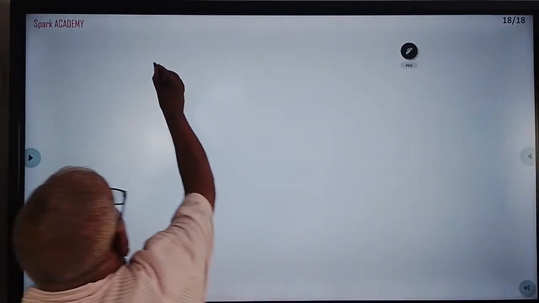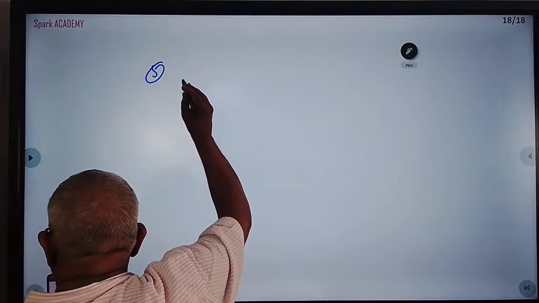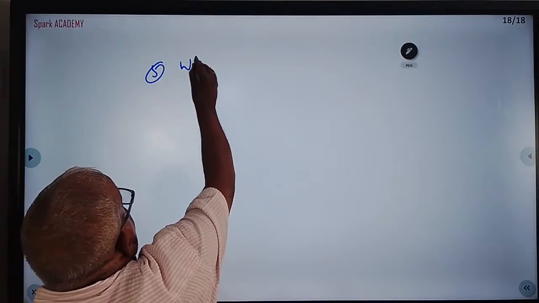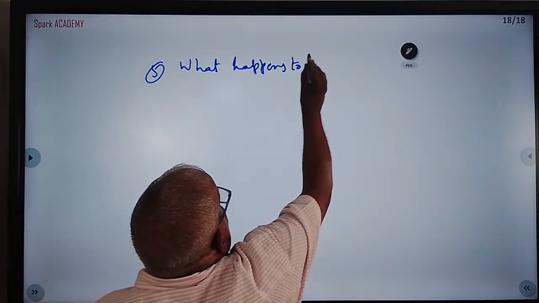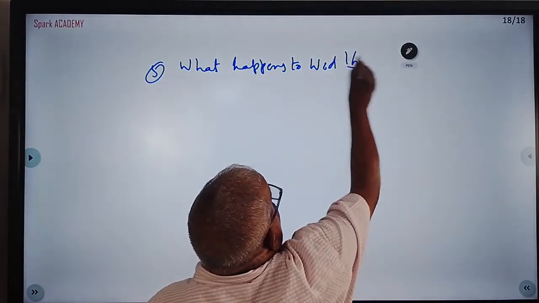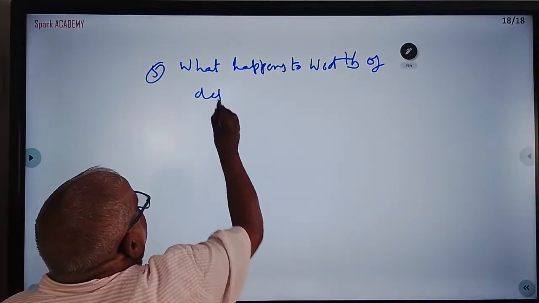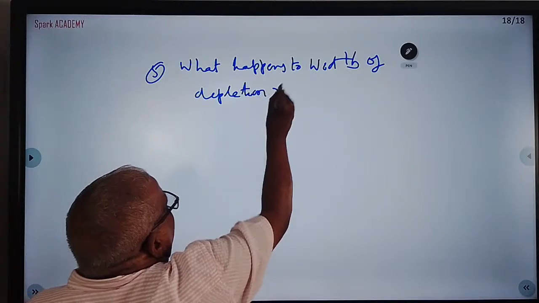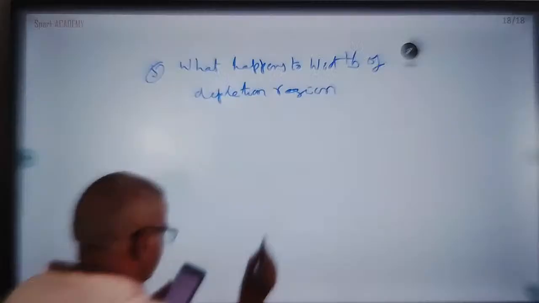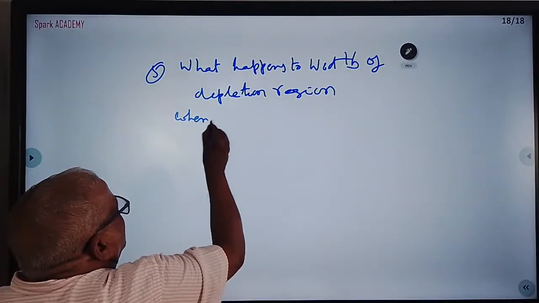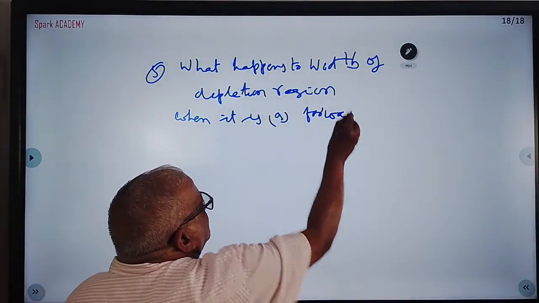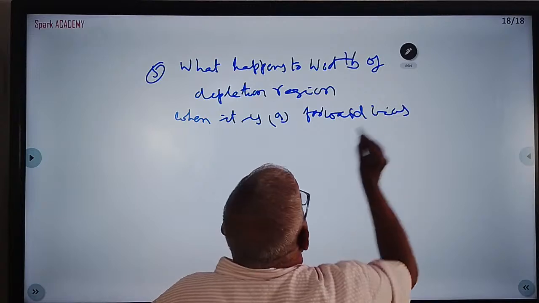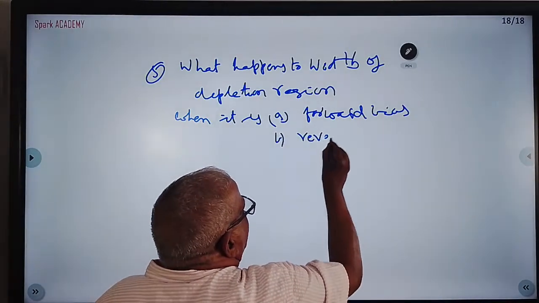Students, last question: what happens to the width of the depletion region when it is A, forward bias, or B, reverse bias?